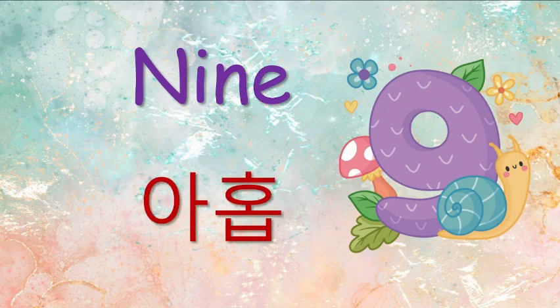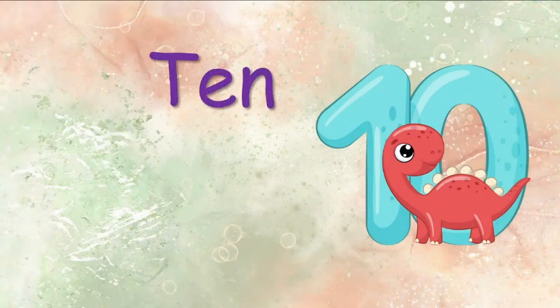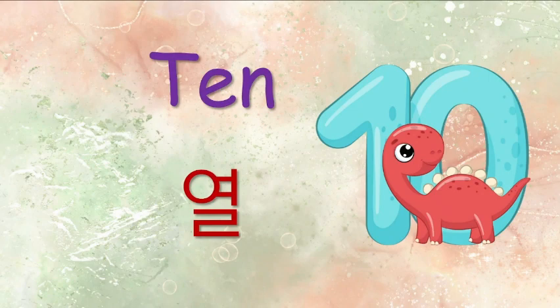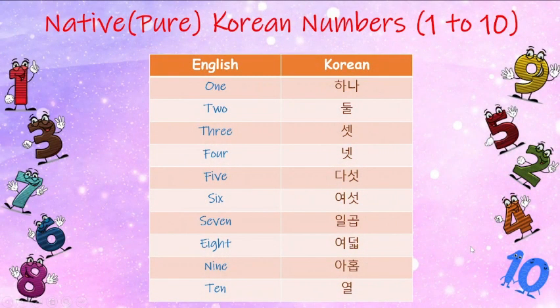And the last one is 10, and that is Yol. Okay, so the first 10 native Korean numbers are Hana, Thul, Set, Net, Thasot, Yosot, Ilkob, Yothol, Ahop, Yol.